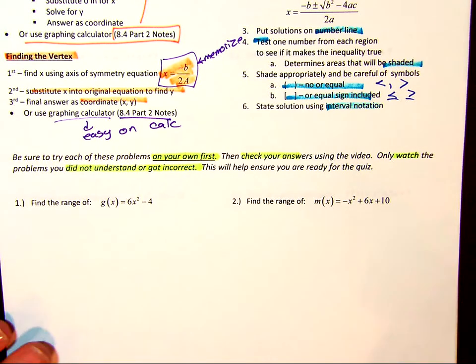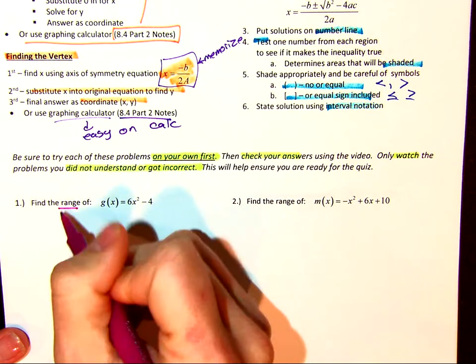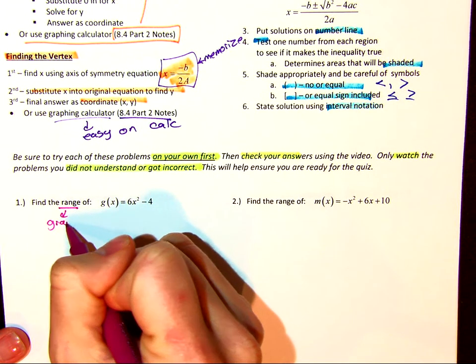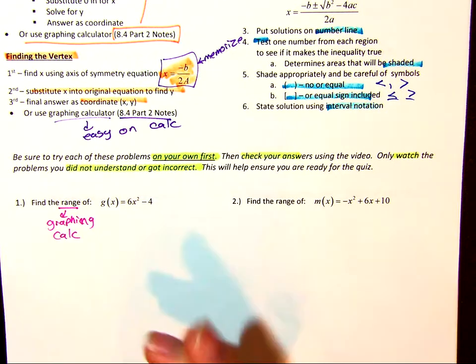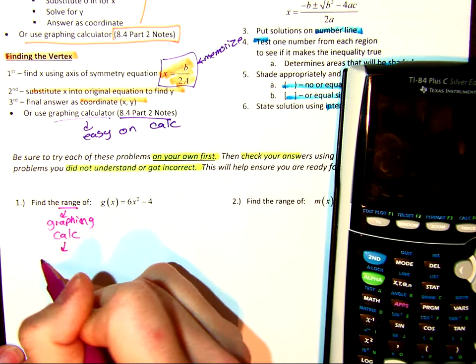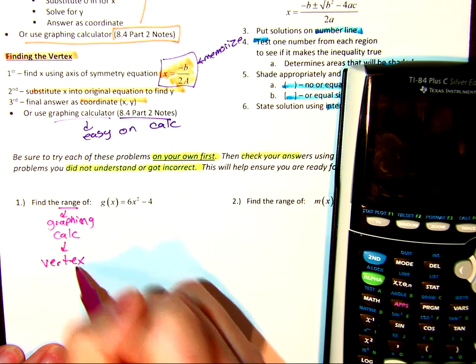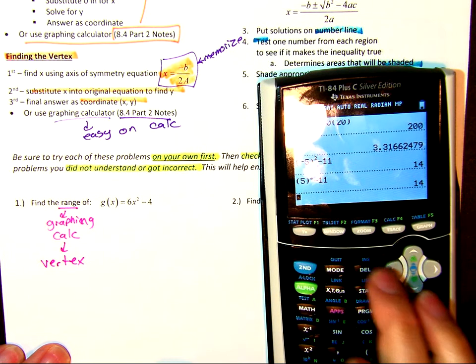So the first one asks you to find the range. If I were you, I would use a graphing calculator to do this, because that will make this super quick. But if I'm going to find the range, I have to find the vertex first. So let's turn on our graphing calculator and clear everything out.